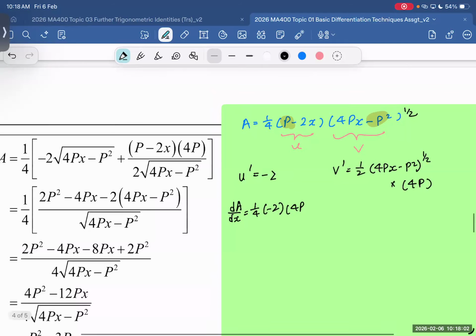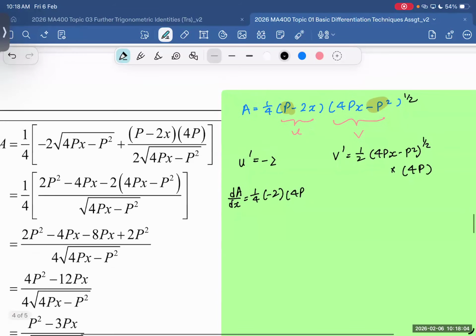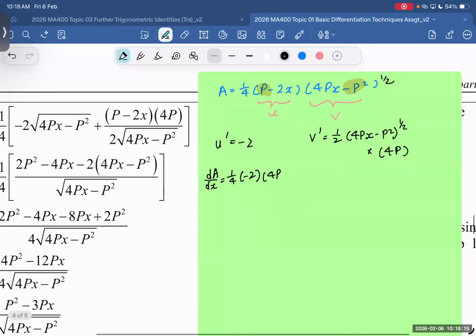Is it correct? Is my p part correct? So this is 4p multiplied by half, 4px minus p squared, power negative half.